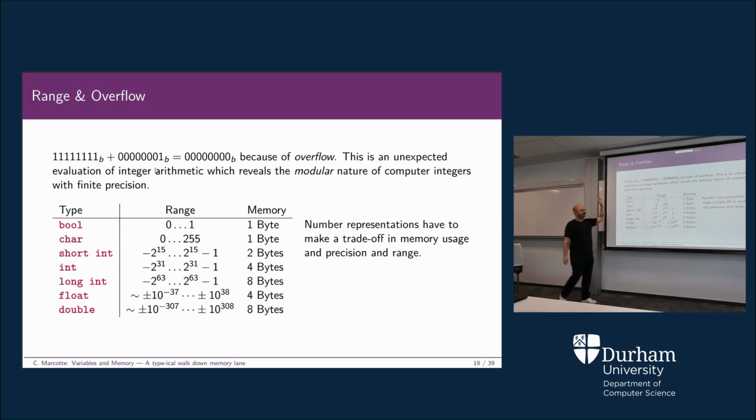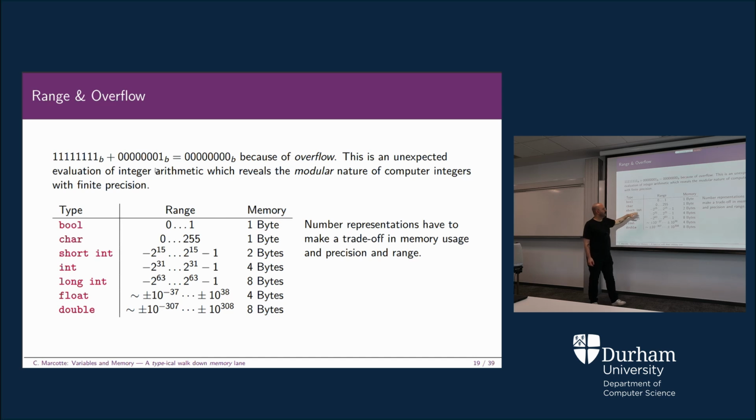Now, all these types have particular amounts of memory associated with them, and thus a certain range that they can represent. For a bool, it's sort of more complicated than I'm representing here, but bools can be 0 or 1. They are 1 byte. You'll note that 0 or 1 is 1 bit, so this is quite over allocated in that sense.